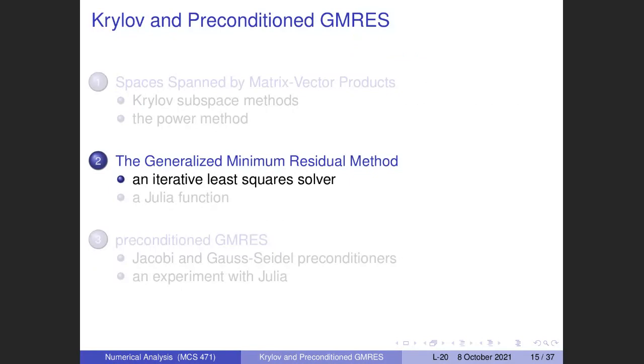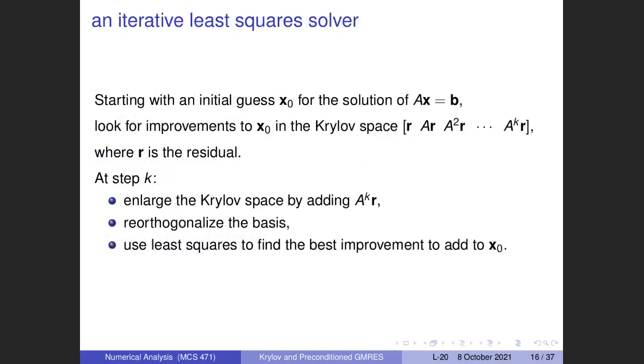All right, let's now go to the actual topic: how to solve linear systems in the least squares sense in an iterative way. Let's do this with a very simple idea.